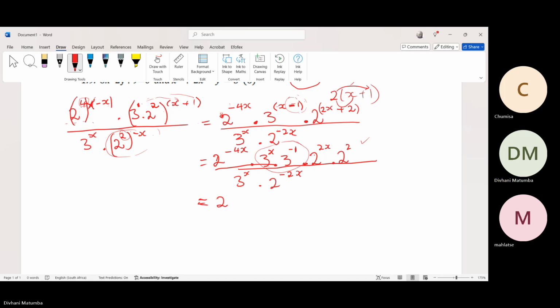You agree? Yes. The first base is 2 that we're gonna evaluate. So we're gonna have 2 to the power of minus 4x plus 2x, then plus 2.